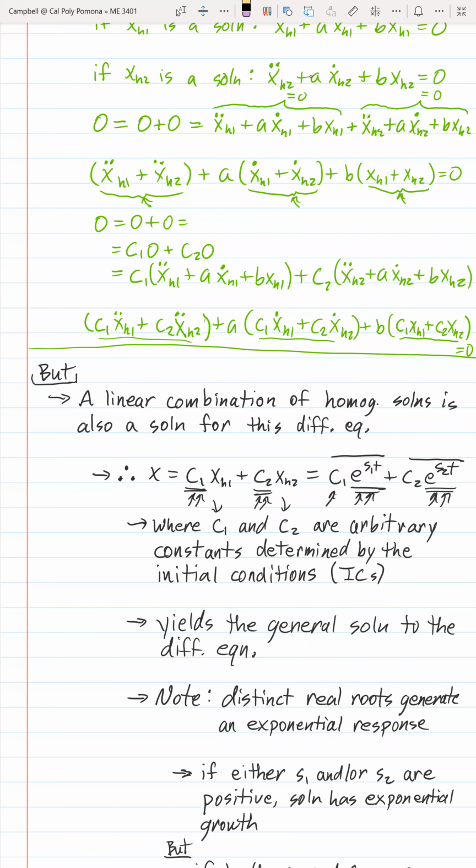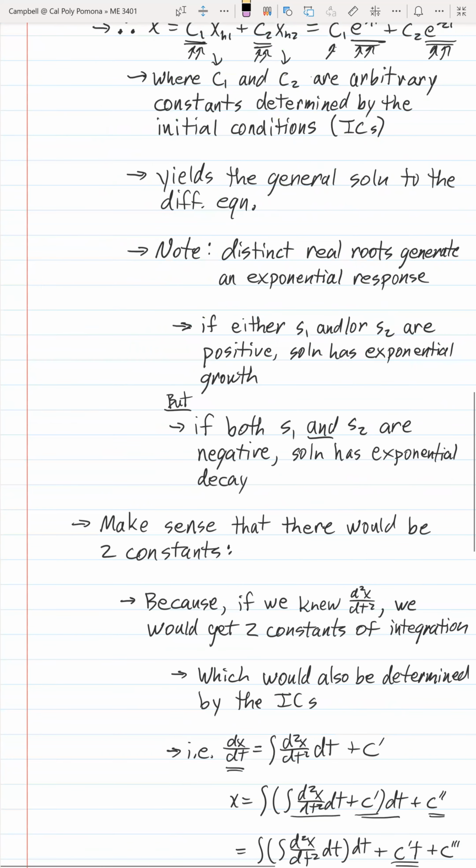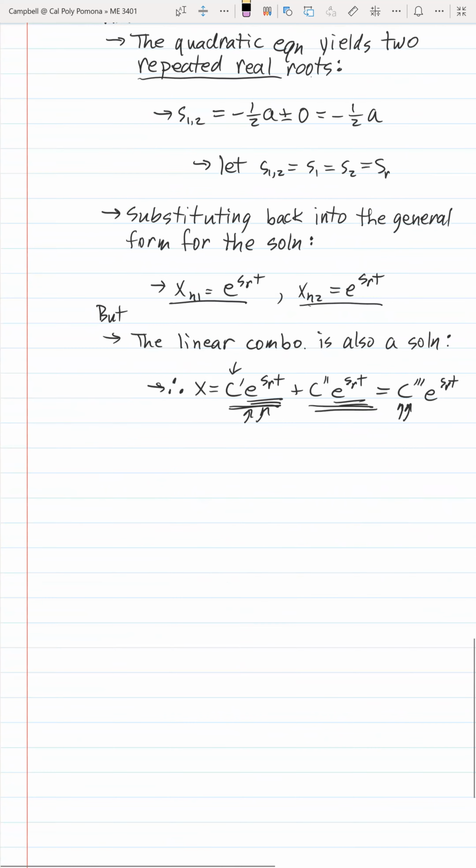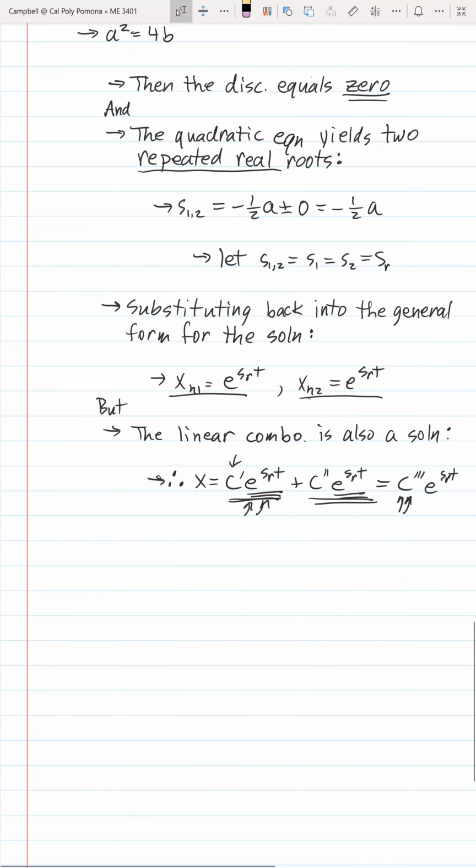I can't wipe it out. It just doesn't work. But down here, of course, I can. I can wipe one term out with the other term, for every value of time, indicating that these two basis functions are dependent on each other. Not only are they dependent on each other, they're exactly the same.